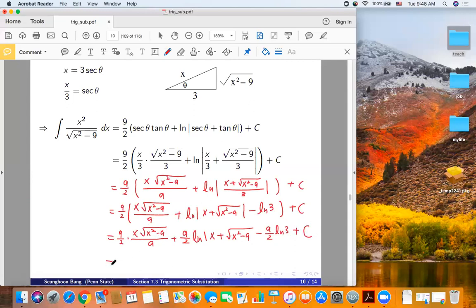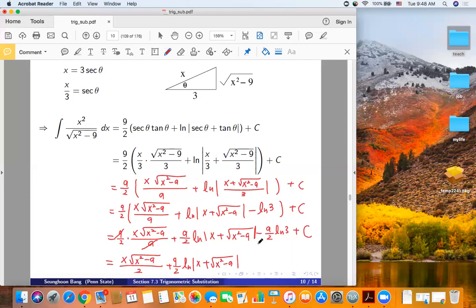But here, what happens? 9 is crossed out. Only x times the square root of x squared minus 9, over 2, plus the absolute value of 9 over 2, ln absolute value of x plus the square root of x squared minus 9.